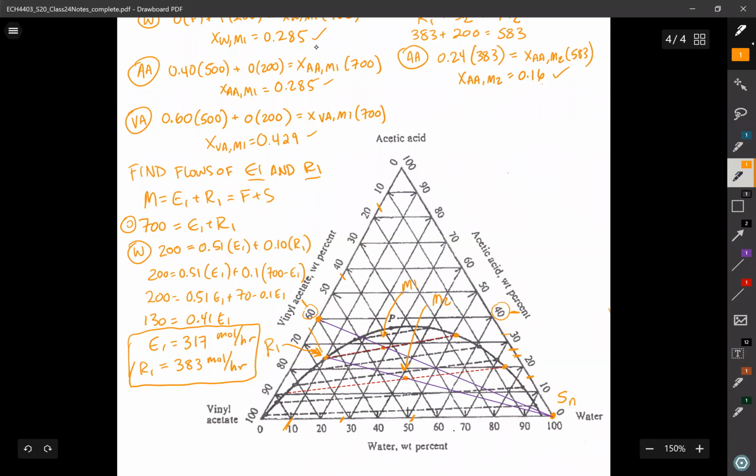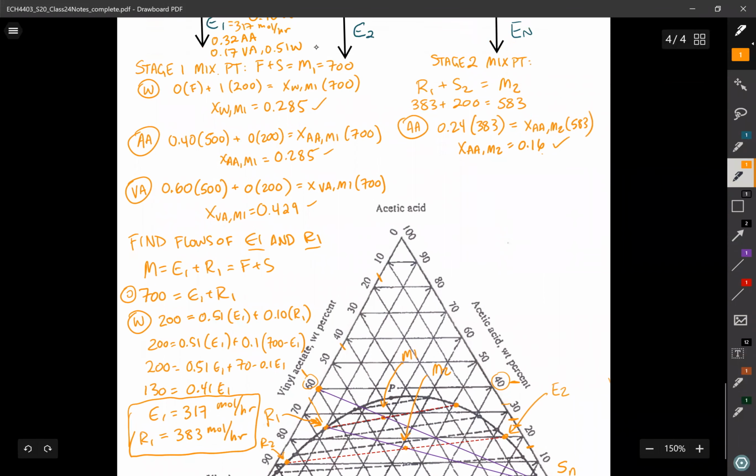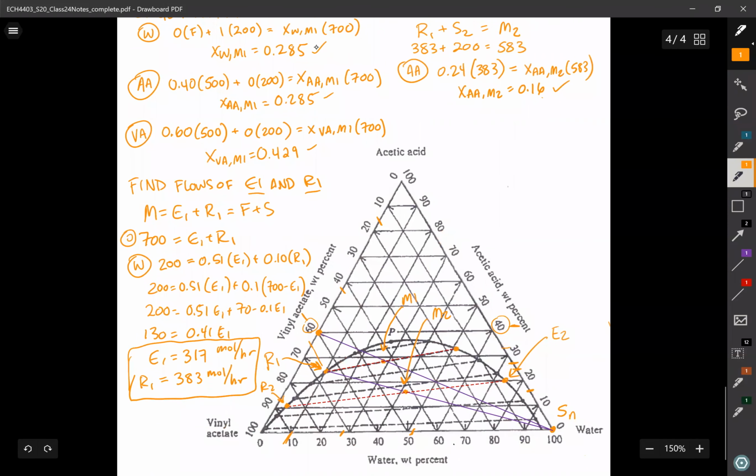All right, the intersections with the equilibrium diagram, the equilibrium curve, are again my compositions. So I've got E2 on this side, and I've got R2 on that side. So again, just reading off what the compositions are on the diagram, we'll start with the raffinate. I've got 86% vinyl acetate.